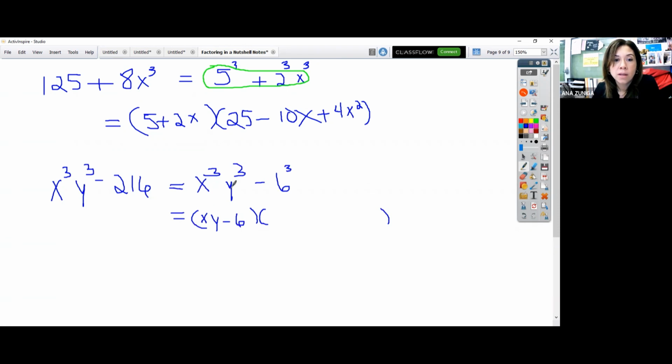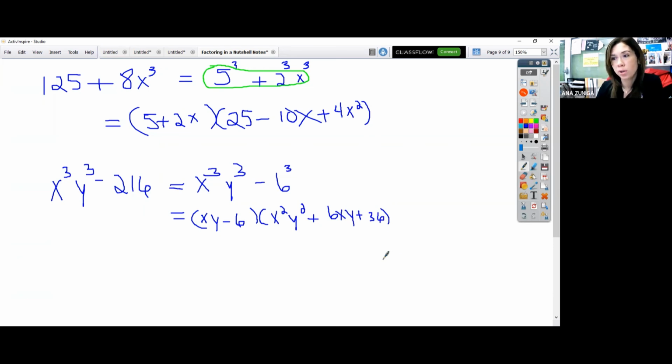I took out an x and a y, so I'm left with x squared y squared. First sign is opposite. Multiply these together, 6xy. Last sign is always plus. I'm left with 6 squared. 6 squared is 36. So that's the answer.